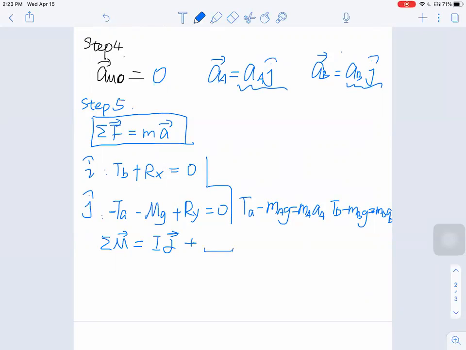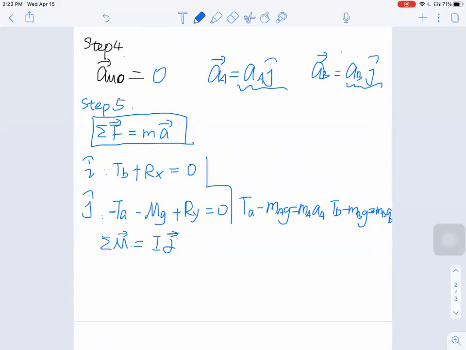Usually we can pick the special case to get rid of the second term, to make the second term equal to 0. So in this case, if we can pick the center of mass as the point we analyze moment about, then this is the equation we can use.